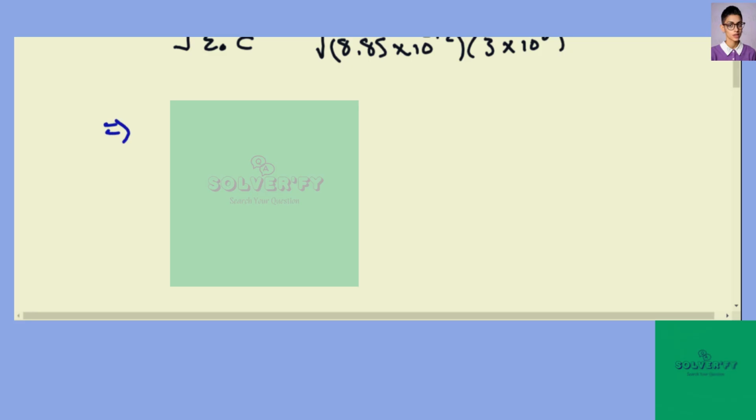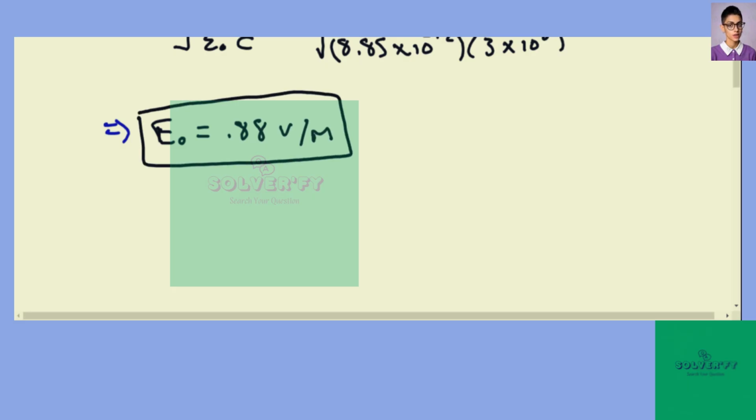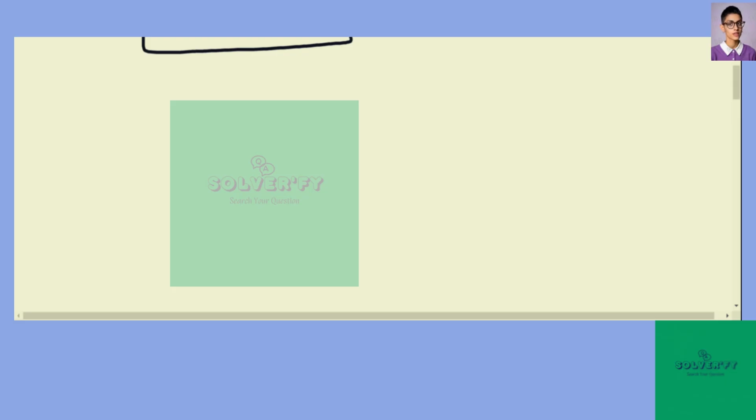So for part B, the electric field is 0.88 volts per meter.